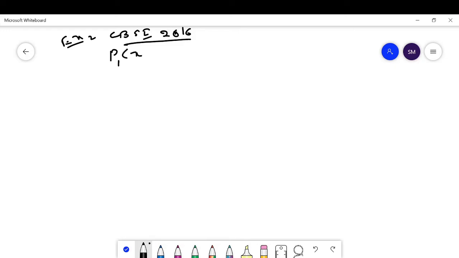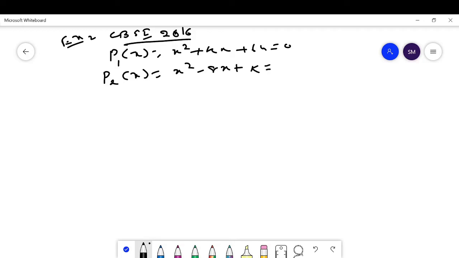Here the two equations are given. First, p1(x) = x square plus kx plus 64 = 0. Here another quadratic equation p2(x) is given: x square minus 8x plus k = 0.